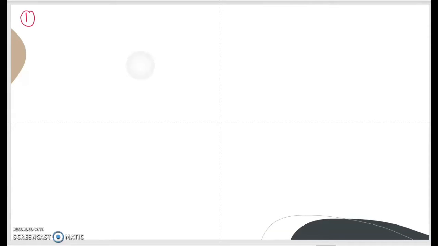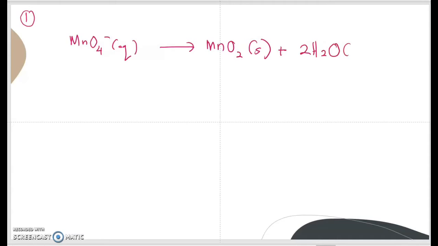For the first equation, MnO4 negative becomes MnO2. Since we lack oxygen, we get another 4H plus, and we need another 3 electron.